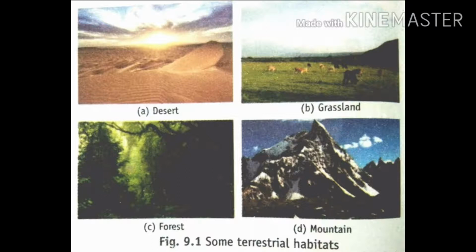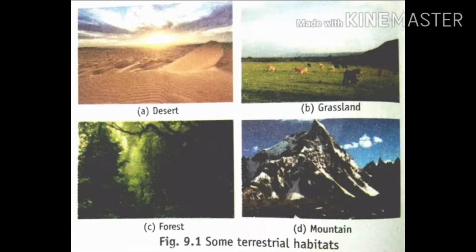First one, desert habitat. This one is hot and dry because it gets very little water. The organisms living in such habitats are camel, rat, snake and cactus.